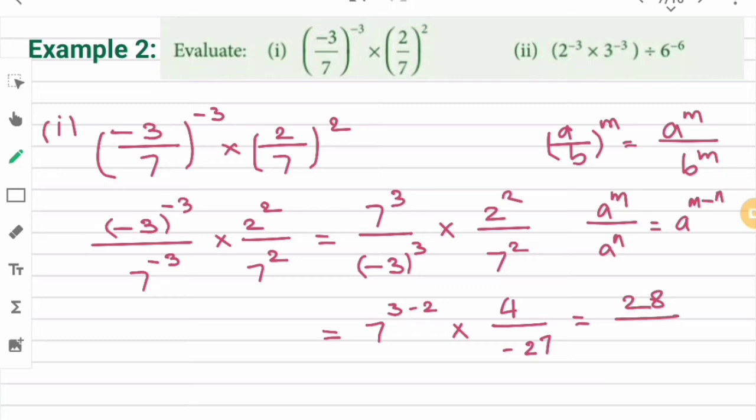So 28 by 27. I am going to write minus over here. So this is your answer. Okay. Here we use only two laws. One is a by b the whole power m is equal to a power m by b power m. Another one is a power m by a power n is equal to a power m minus n.